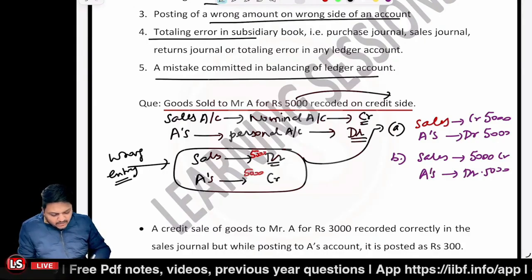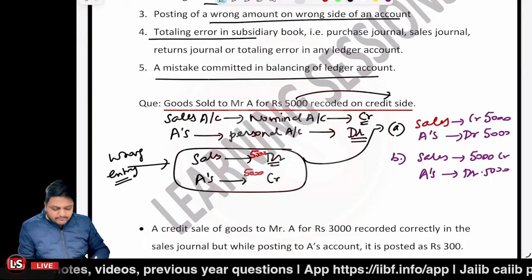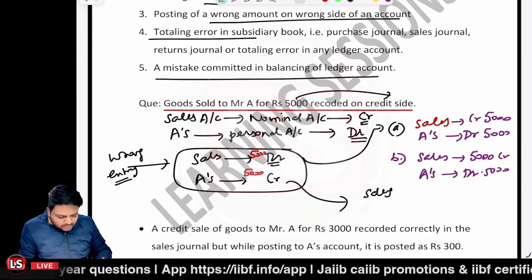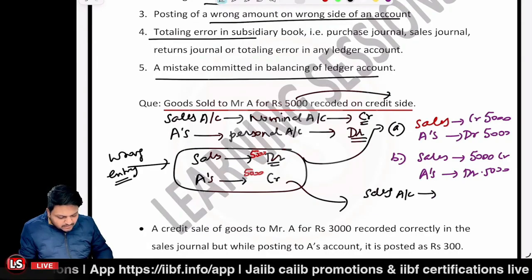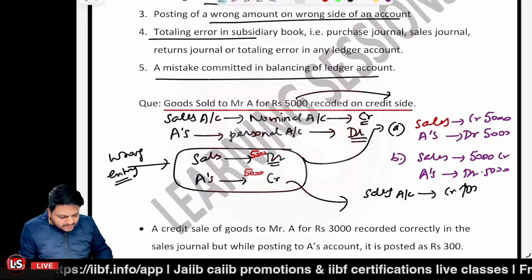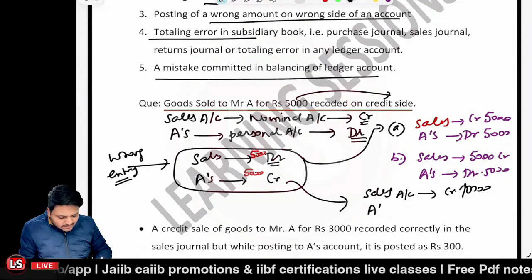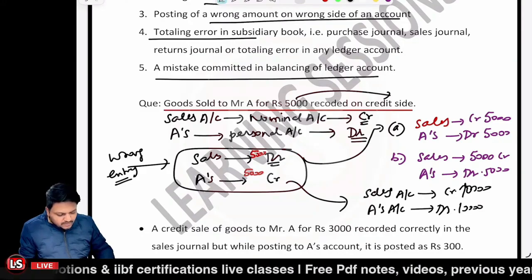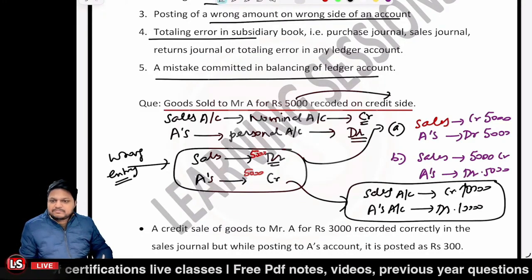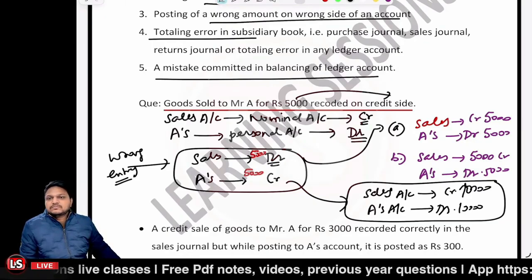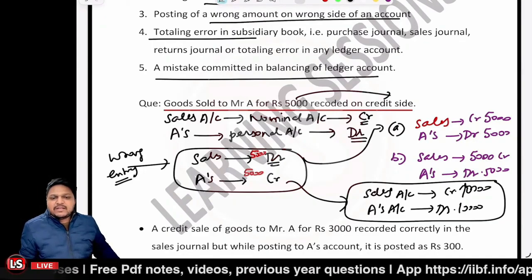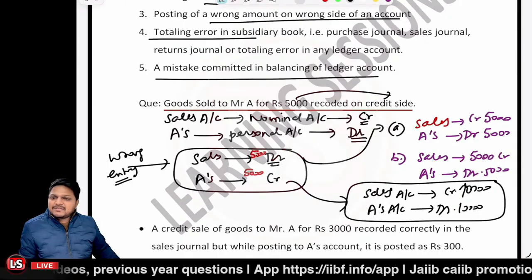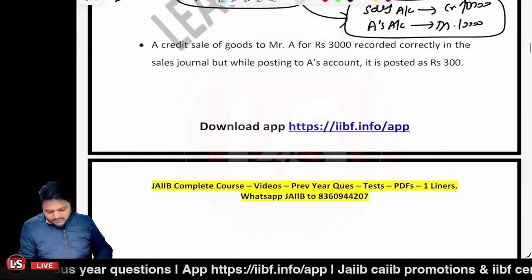So combined, to rectify this entry, we will say that the sales account is to be credited with rupees 10,000 and A's account is to be debited with 10,000. So a single entry is to be posted, right? Is that clear? Now, let's move further.